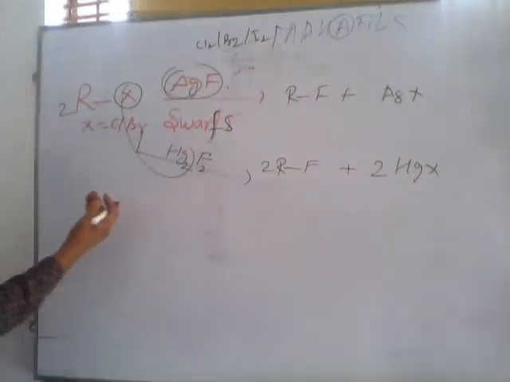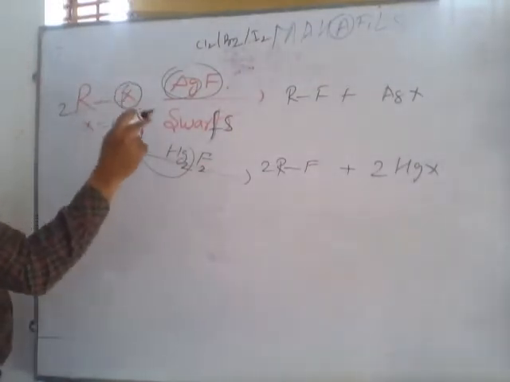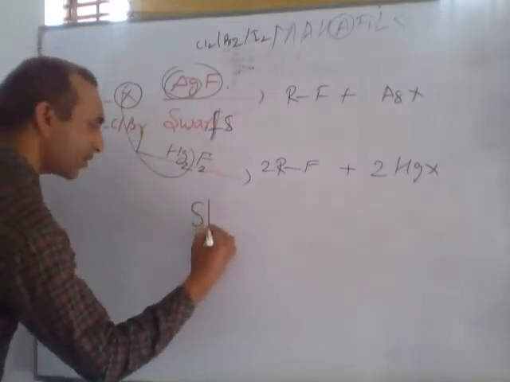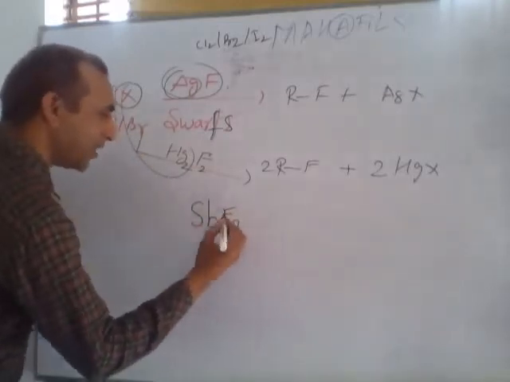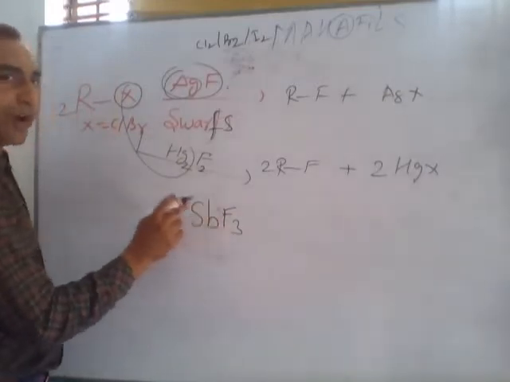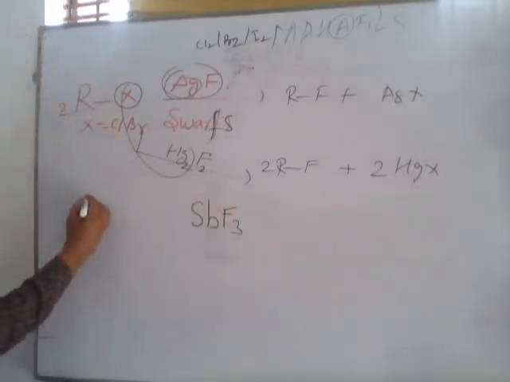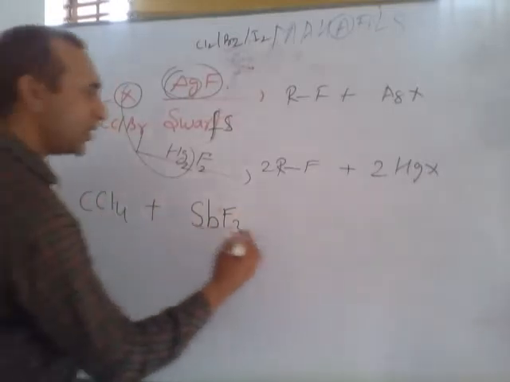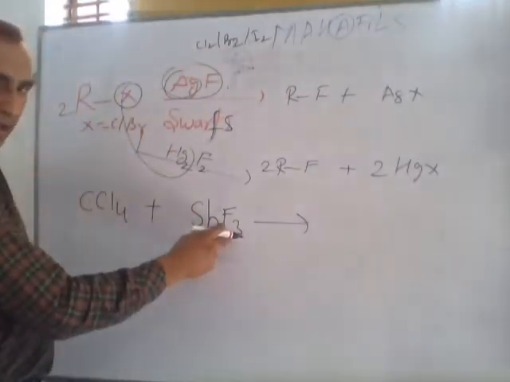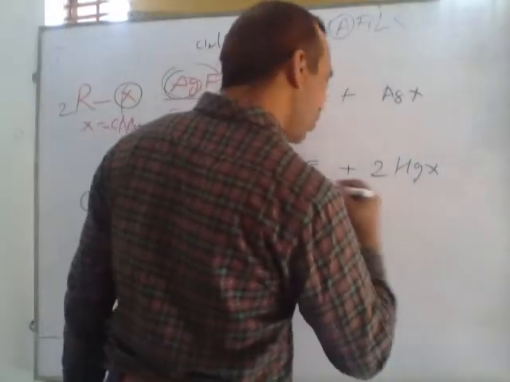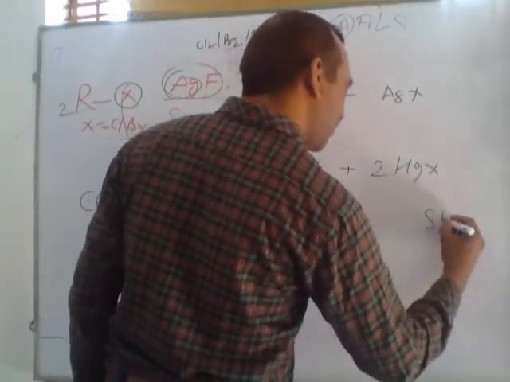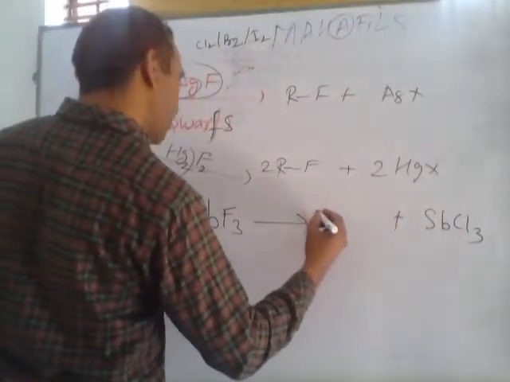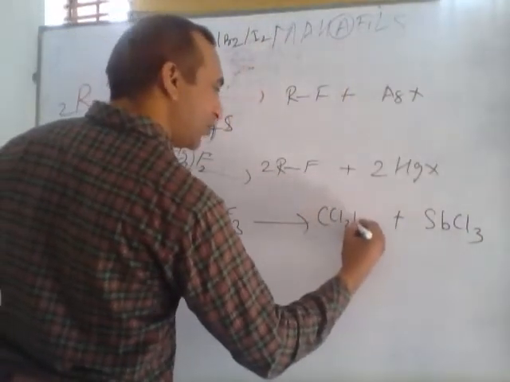If we want to replace more than one halogen by more than one fluorine, we use a new compound, SbF3, antimony fluoride. Suppose antimony fluoride reacts with CCl4, carbon tetrachloride. It replaces two chlorines and forms SbCl3 and CCl2F2.